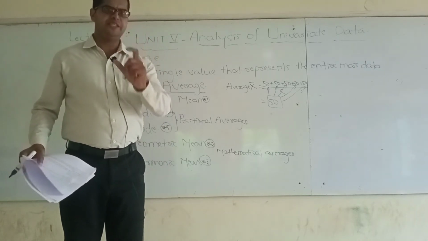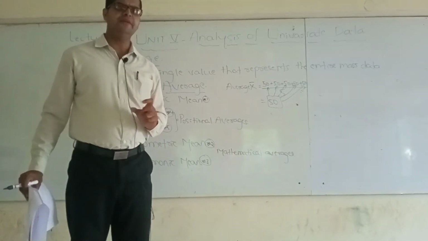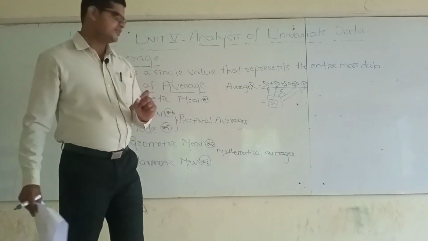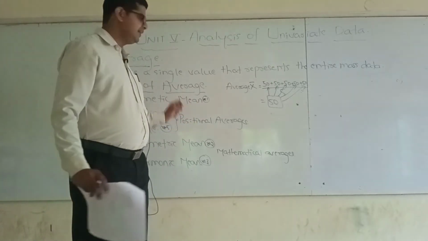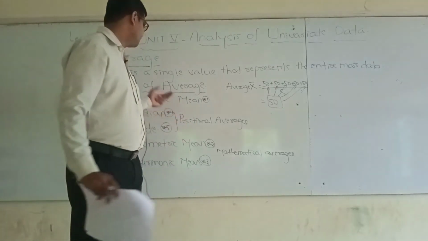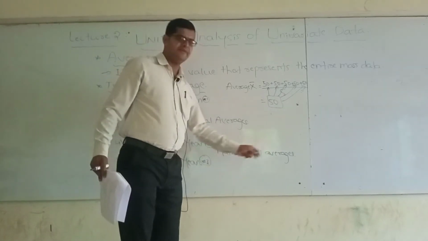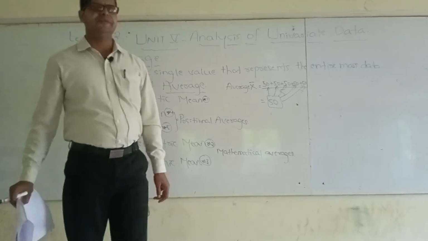I will tell you in detail when we work out problems on median and mode. There I will specify what positional averages are. When we work out problems, you will definitely come to know why these three are called mathematical averages and why these two are called positional averages.